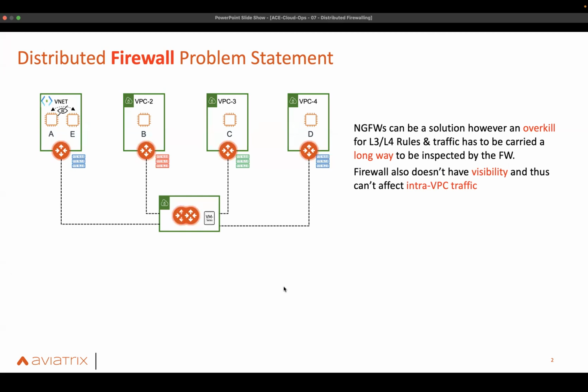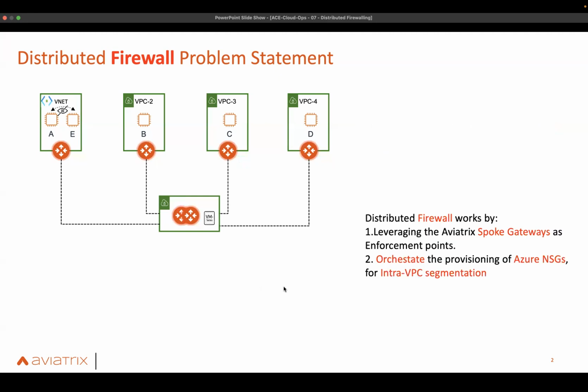So all of our gateways, in a nutshell, become enforcement points. They become a place to enforce policy. And so you can look at all of these now, the full layer of gateways, spoke gateways, as firewalls.